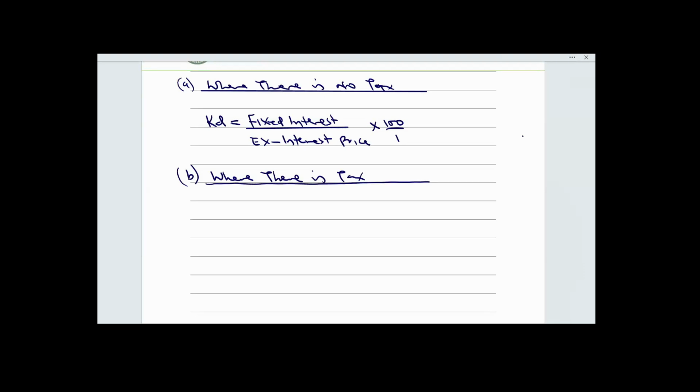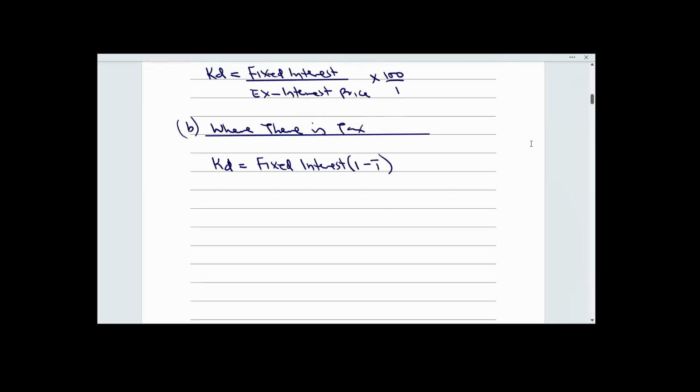Where there is tax, cost of irredeemable debt will be computed as fixed interest multiplied by 1 minus tax, divided by ex-interest price. Let me rewrite that.